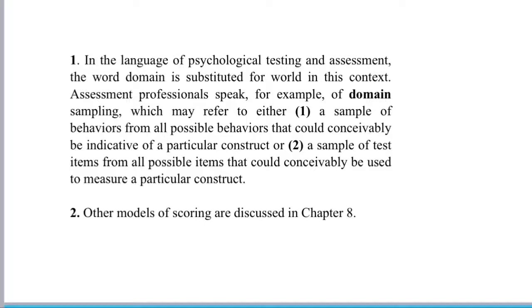Assessment professionals speak, for example, of domain sampling, which may refer either to a sample of behaviors from all possible behaviors that could conceivably be indicative of a particular construct, or to a sample of test items from all possible items that could conceivably be used to measure a particular construct. Other models of scoring are discussed in Chapter 8.